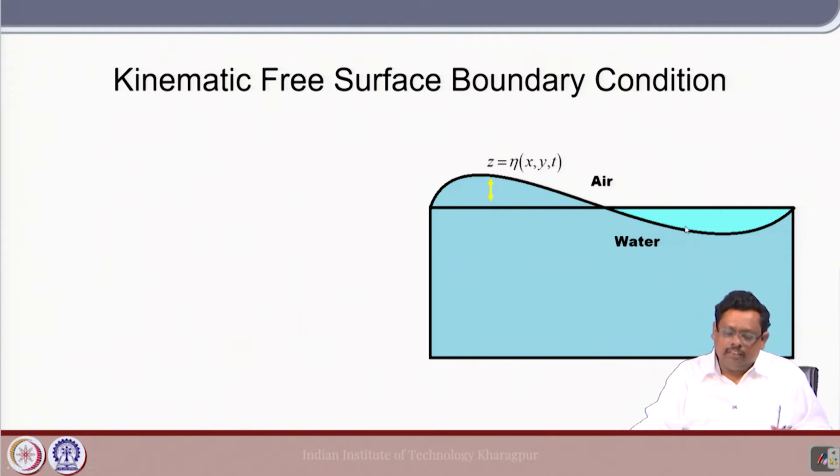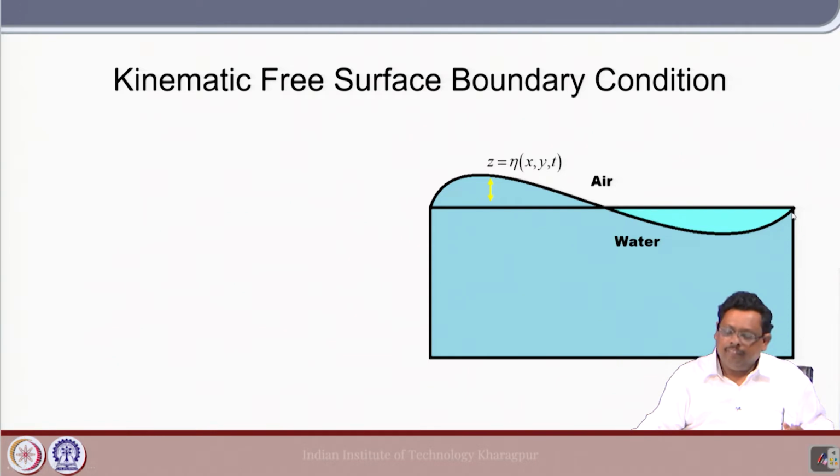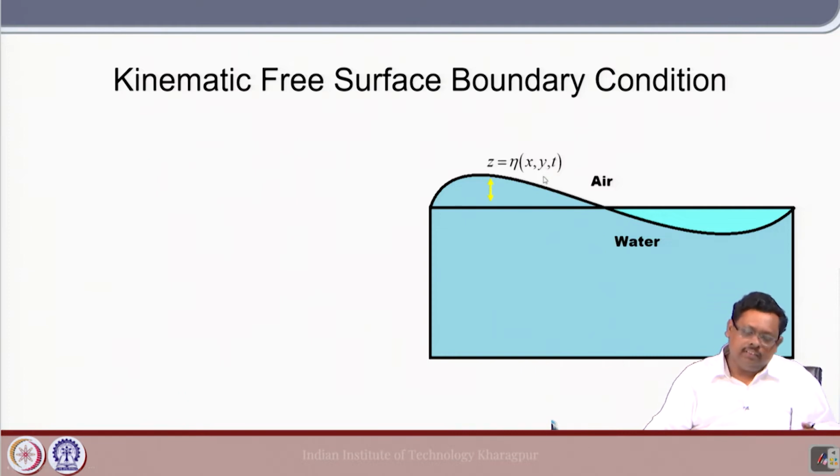Also, if you fix x at some point, and vary your time, then you can see the same kind of sinusoidal wave. Therefore, this eta changes not only with respect to x, but also with respect to t, and of course, with respect to y also.